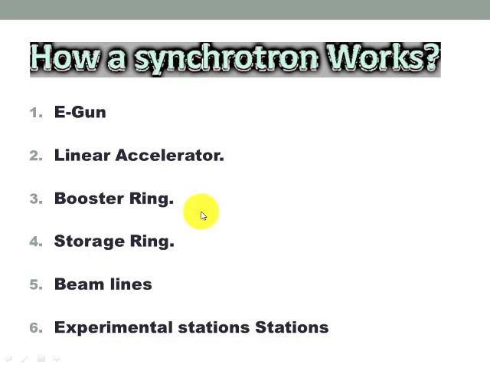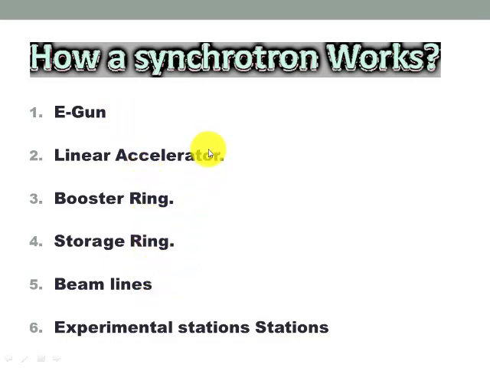If we divide the synchrotron into different sections, it will be electron gun, linear accelerator, booster ring, storage ring, beam lines, and experimental station. So the modern synchrotron is based upon a combination of many accelerators.